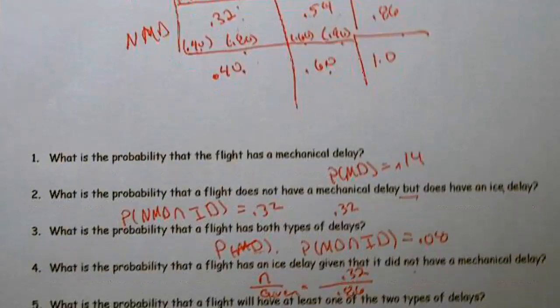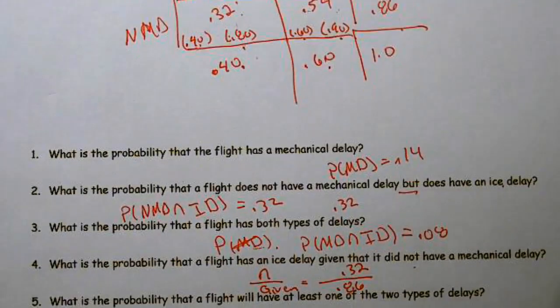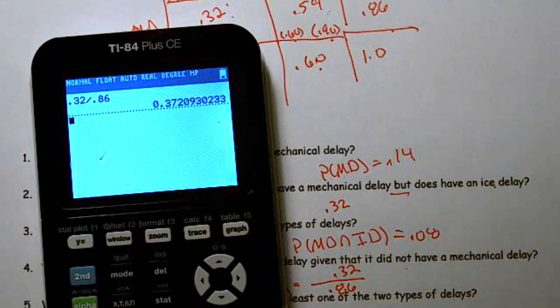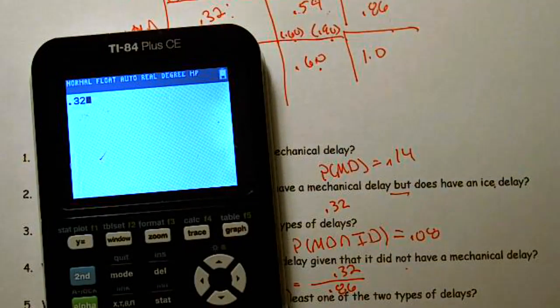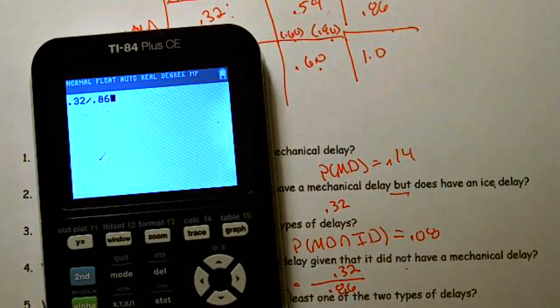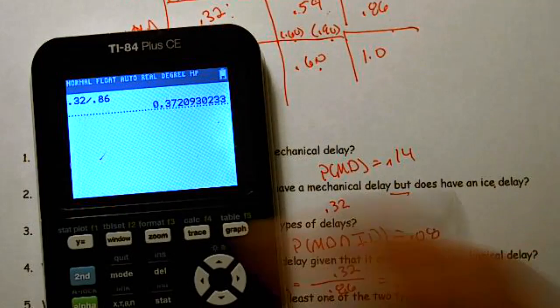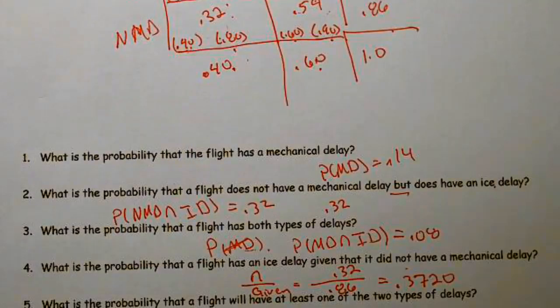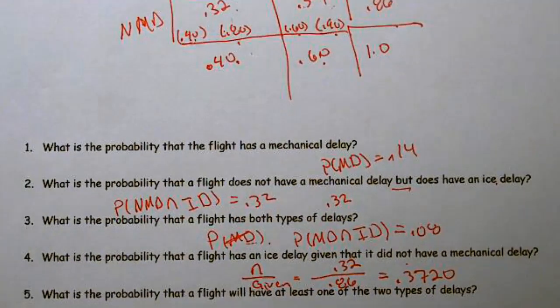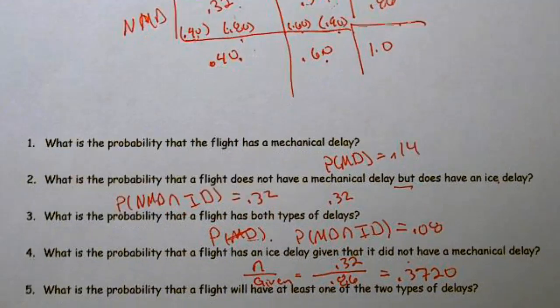So 0.32 over 0.86. And let's go ahead and figure that out. 0.32 divided by 0.86 equals 0.3720. I truncated.